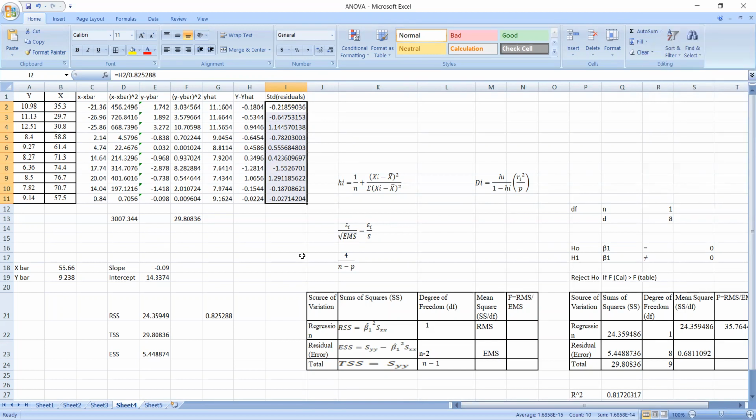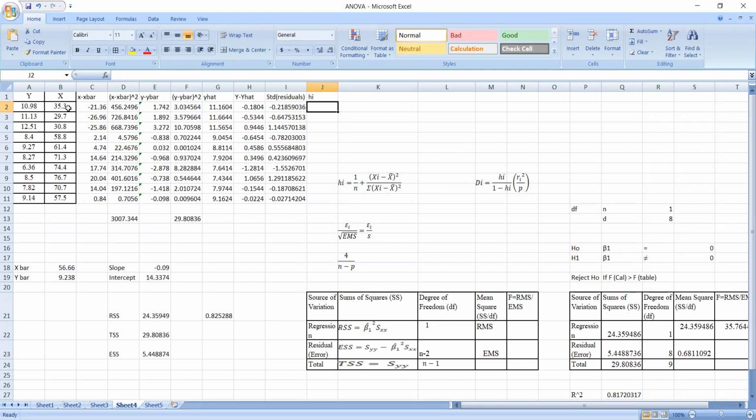And now we can obtain the leverages for each and every observation. That is the HI values. We can obtain the HI values using this given equation. That is, we take xi minus x bar squared divided by the summation of xi minus x bar squared, and then we add 1 over n for each and every observation.